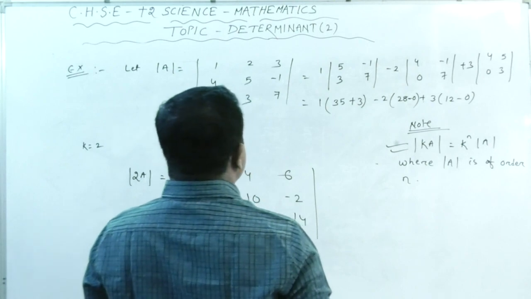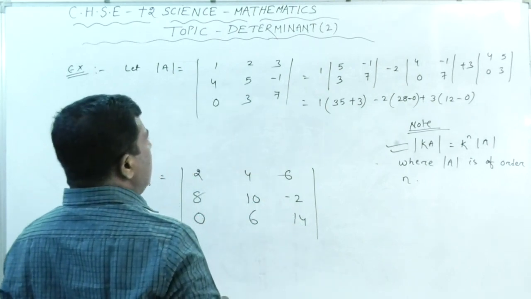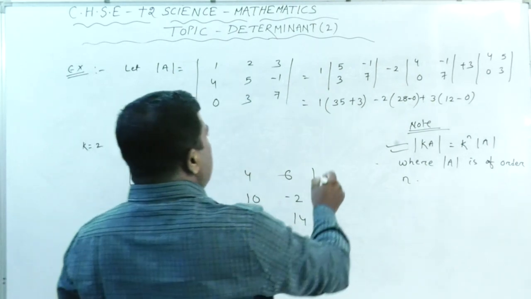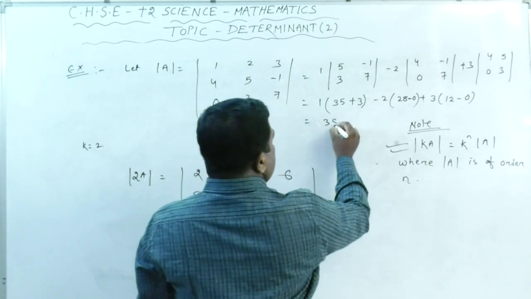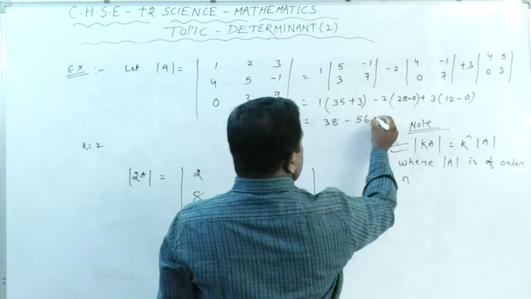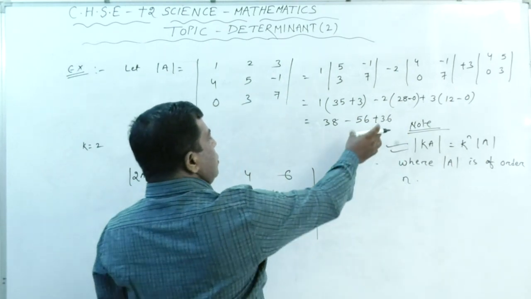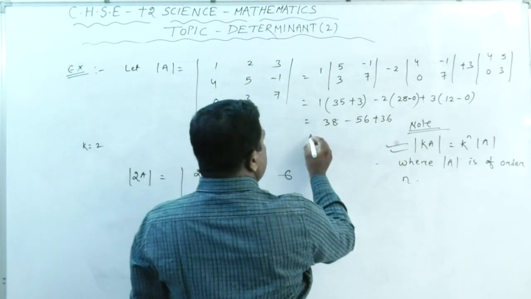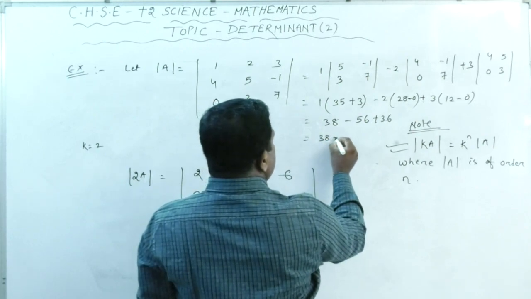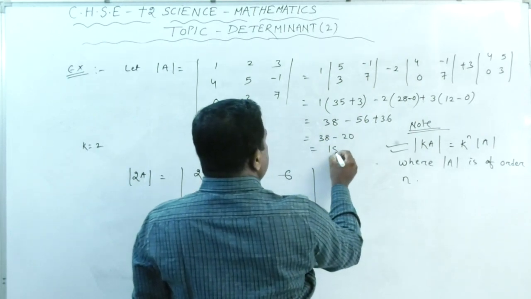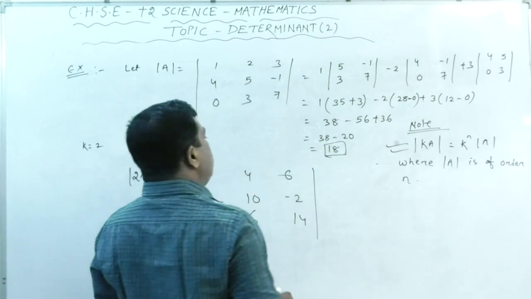Clear, dear students? Now we can evaluate it. It is 38 minus 56 plus 36, so it is minus 20. 38 minus 20 is 18. The value is 18. Clear?